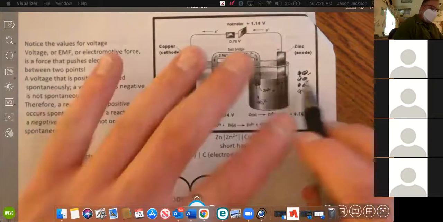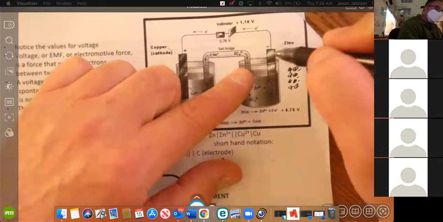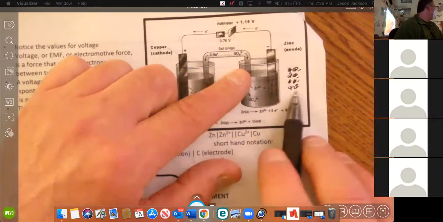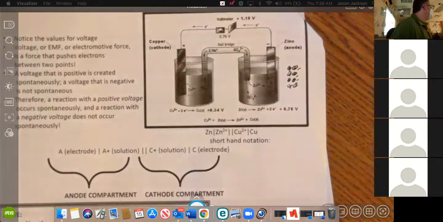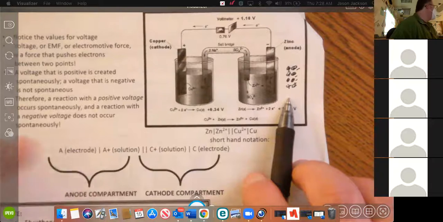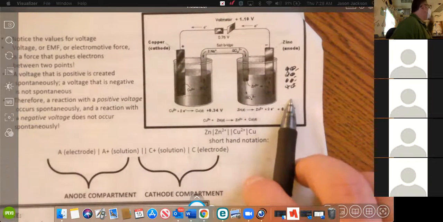So let's say that electron up here at the top of the anode shoots over. That electron charge will have to be dispersed by all of the other electrons in the sea of electrons. Correct? Well, eventually you are going to have down here, 2 electrons because it's zinc, but eventually you're going to have down here a positive cation that's not going to have electrons around it.